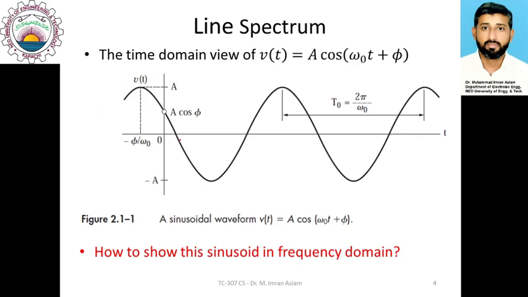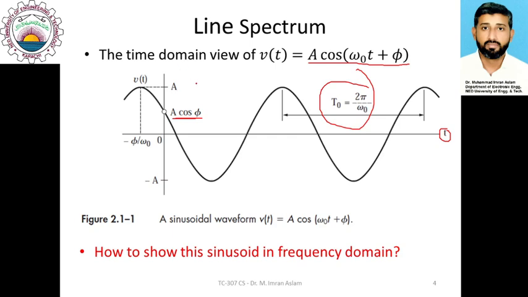This curve represents the plot of the signal A cos(omega naught t plus phi). This T naught is the period. This part is represented as the phase angle. The difference here, A cos phi, is this point here, which corresponds to the phase difference. You can see that the variations of the signal are present with respect to time. So if we change the time, the signal gets changed.